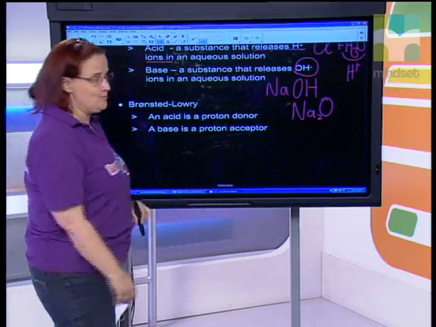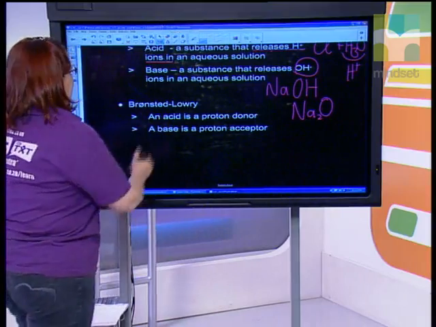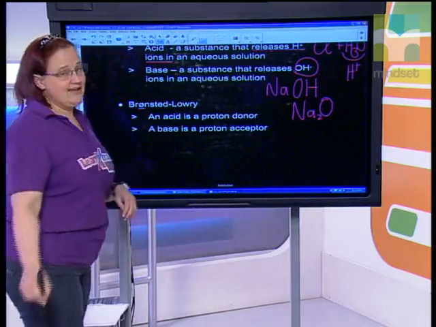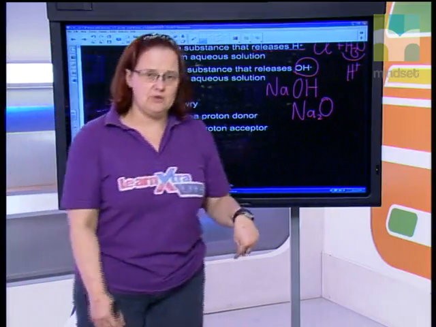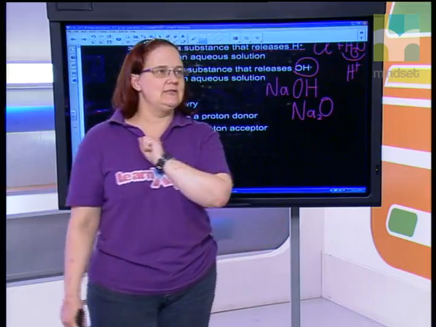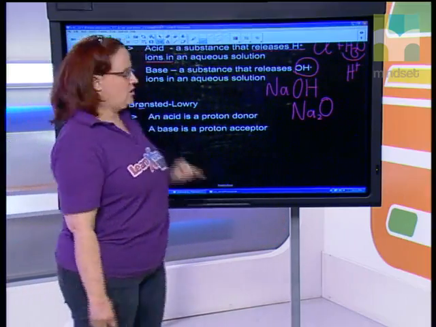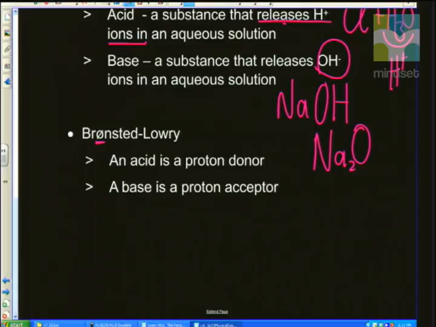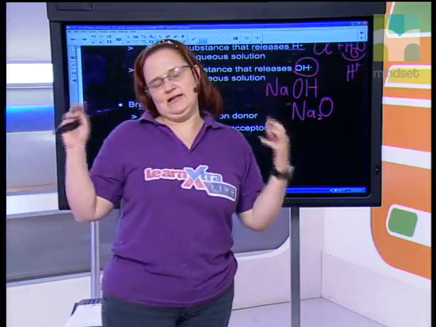So that brought us to Bronsted-Lowry. Please note that the O is written with a little line through it because it's not English, and I can't remember which nationality they are. It's a combination of scientists who were given credit for this.